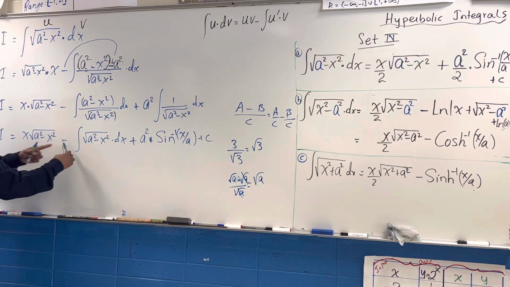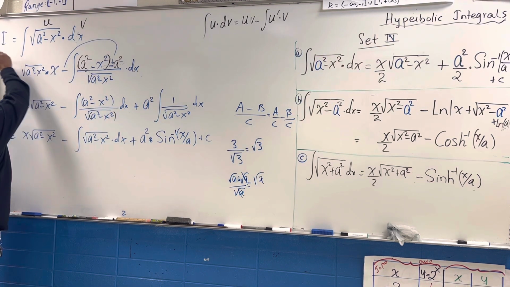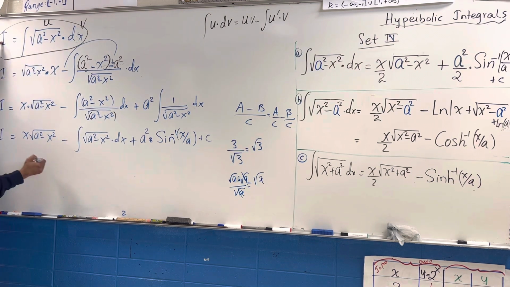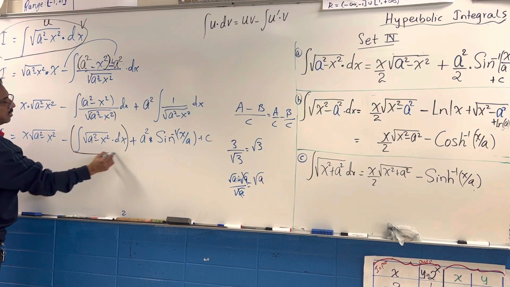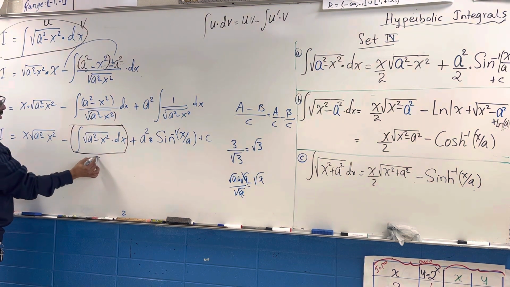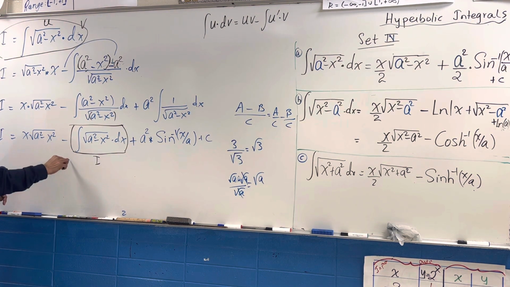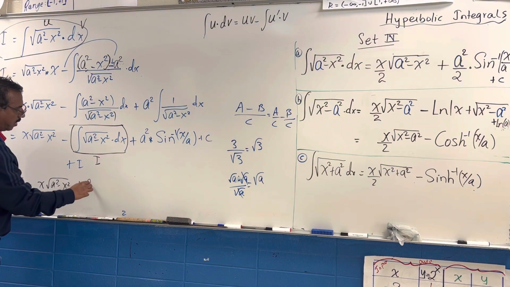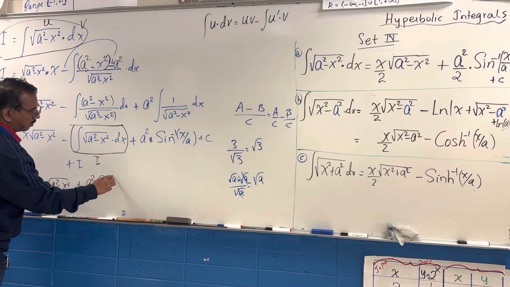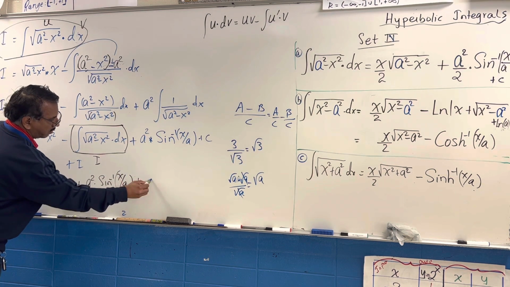And then you see this part, in the beginning we said this is I, right? That's I. So this whole thing is I, so it's like you're adding I to both sides. So I will add I to this side and this side. So this becomes 2I. This stays the same. And this will be plus a square sine inverse of x by a plus c, right?